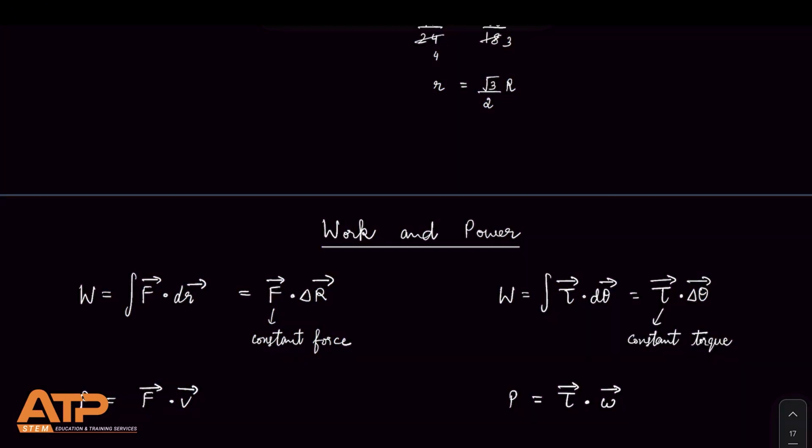For rotation, it will be integration of tau dot d theta, which will become tau dot delta theta if it's a constant torque. Power for a straight line motion is a dot product between force and velocity, which will now be dot product between torque and angular velocity.